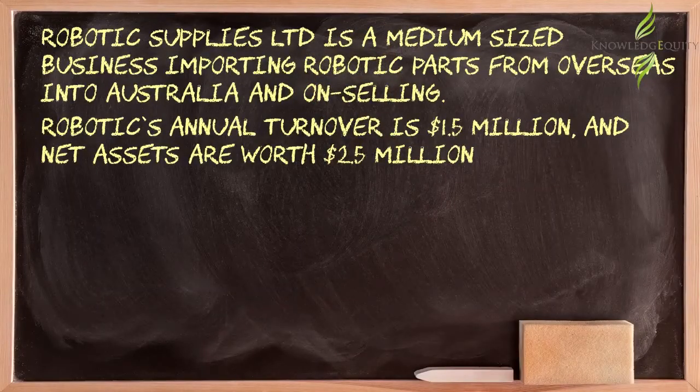Let's now look at another example, this time focusing more on consequence rather than changes in likelihood. Robotics is a medium-sized company with a $1.5 million annual sales turnover, net profits of $125,000 and net assets of $2.5 million.